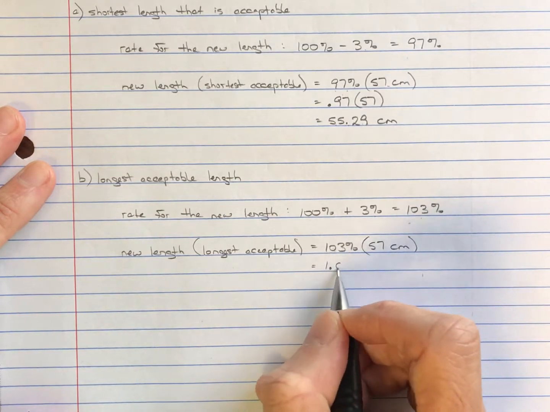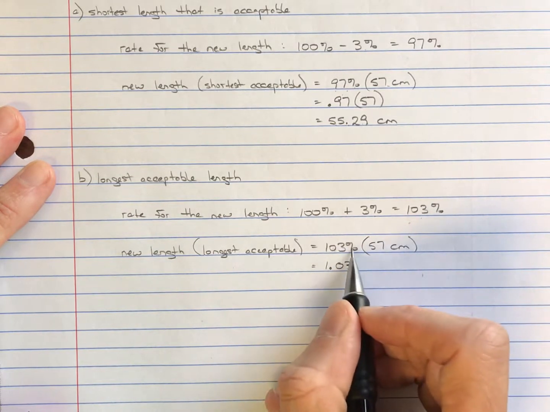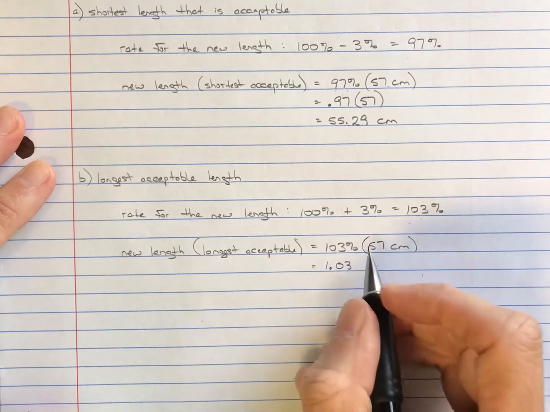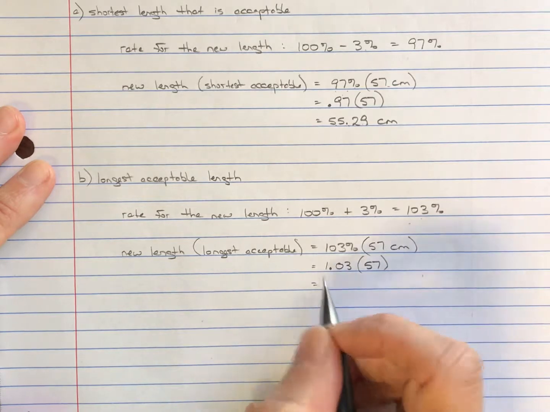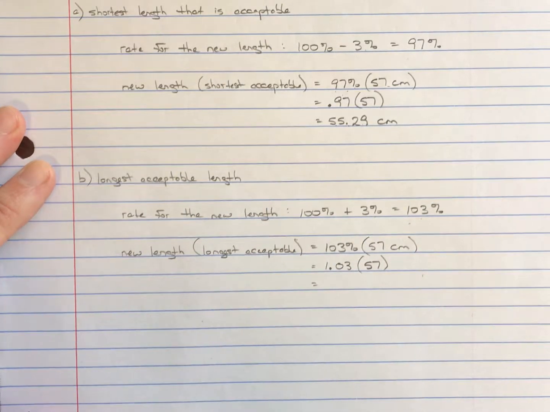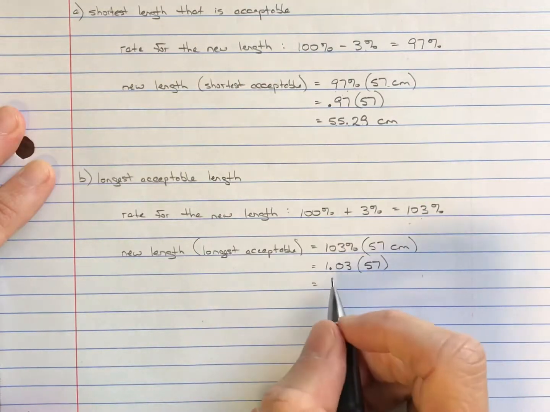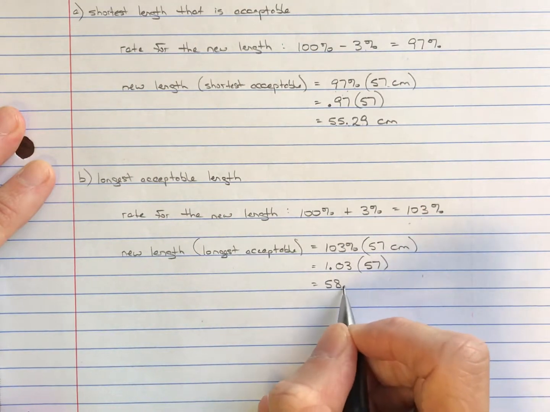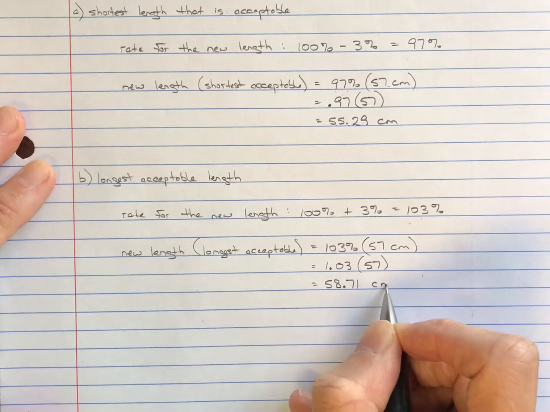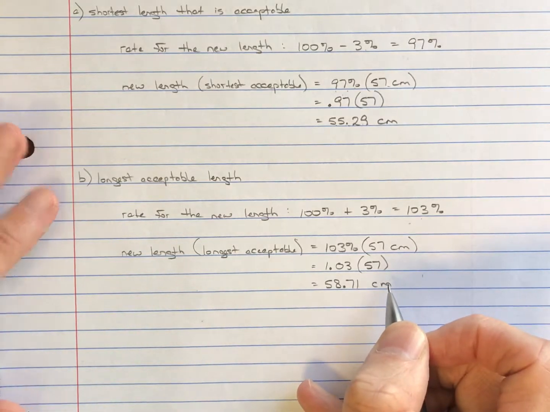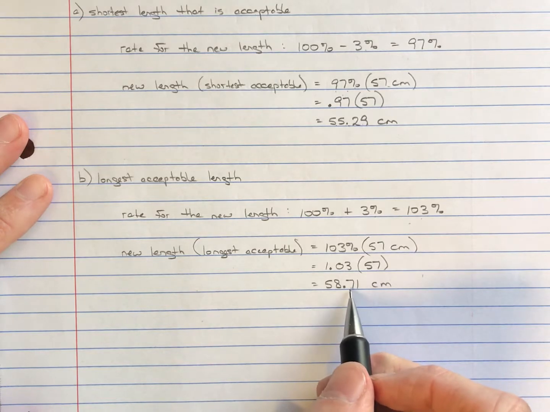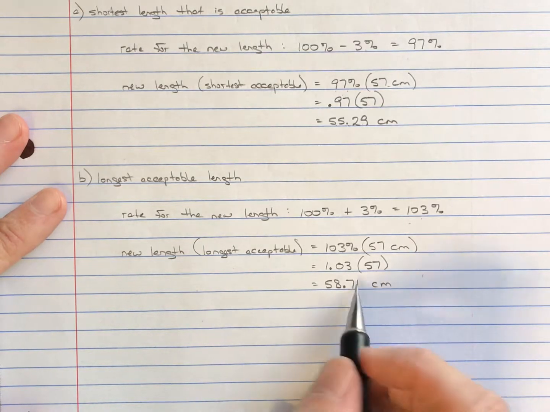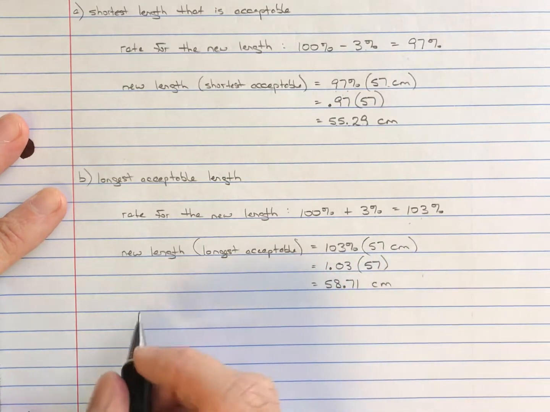And we know this is going to be 1.03. 103% as a decimal is 1.03 times 57. And again, I'm going to take out my calculator and do that math. And I come up with 58.71 centimeters, which is slightly longer than 57 centimeters. Okay, this is the longest acceptable.